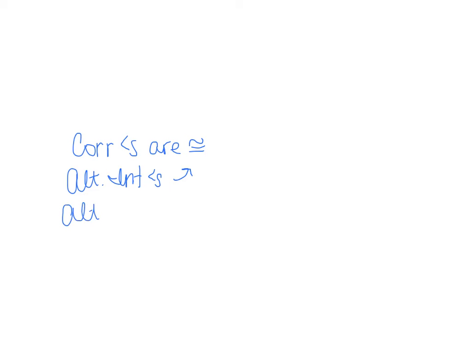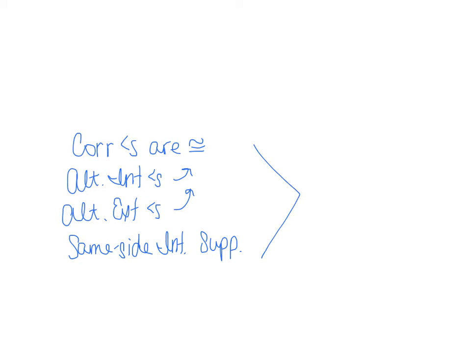So to wrap up, the key thing from this lesson is if you know corresponding angles are congruent, or if alternate interior angles are congruent, alternate exterior angles are congruent, or same side interior angles are supplementary, any one of these 4 facts proves lines are parallel.